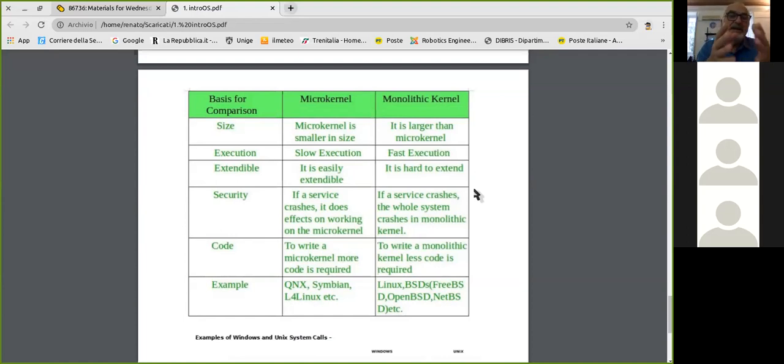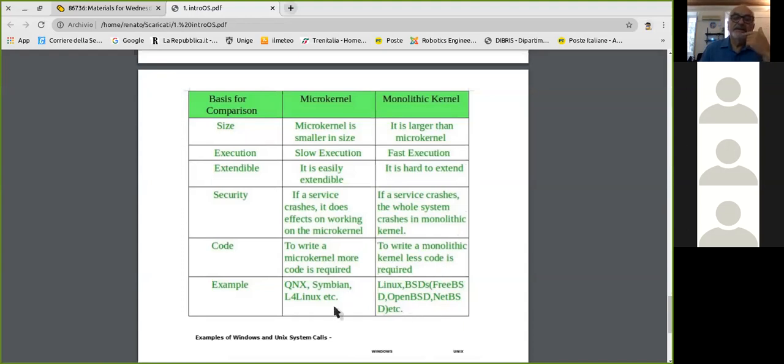I don't know, maybe some of you will use them in your master thesis, for example QNX, that is a kernel for strict real time, but there are other real-time kernels. Some of them are monolithic. Unix and Linux are monolithic. Very few are really microkernel based, like QNX, for example.